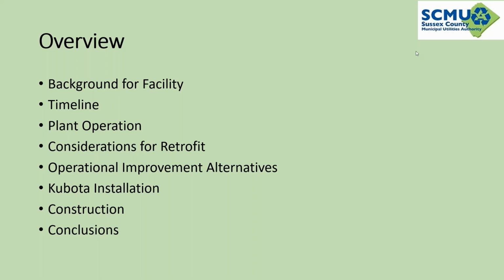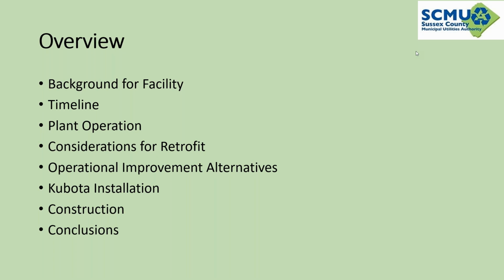Just to start this case study, I wanted to provide everyone an overview of the presentation itself. So just real generally, the overview will be a quick background of the facility, basically the type of flow we're receiving, when it was installed, all that good stuff. Then a timeline of the operation and some of the issues that we encountered.